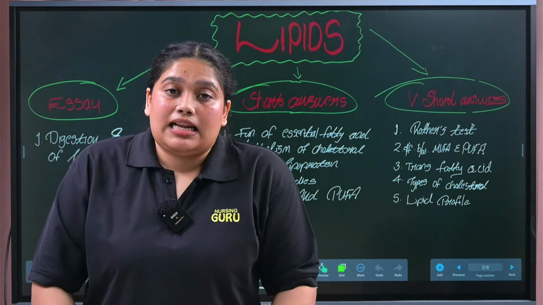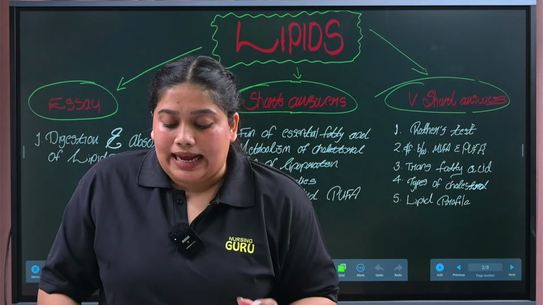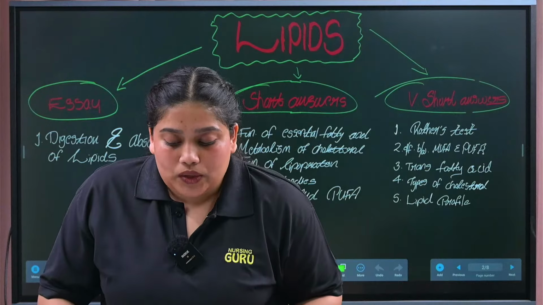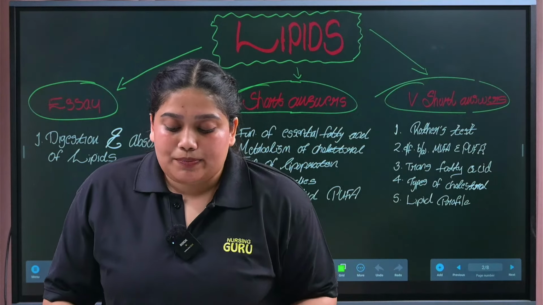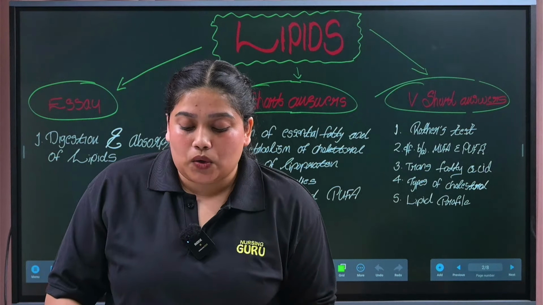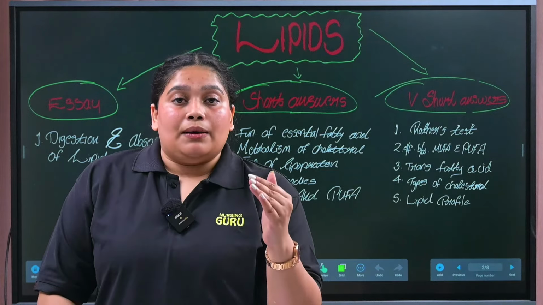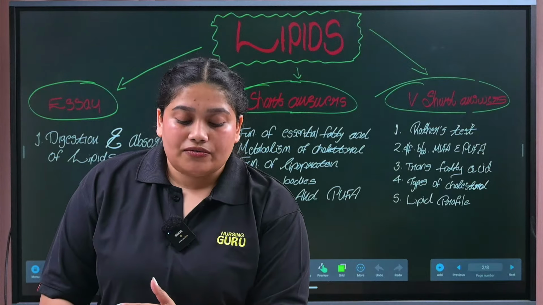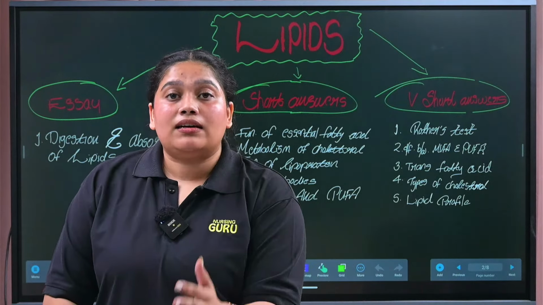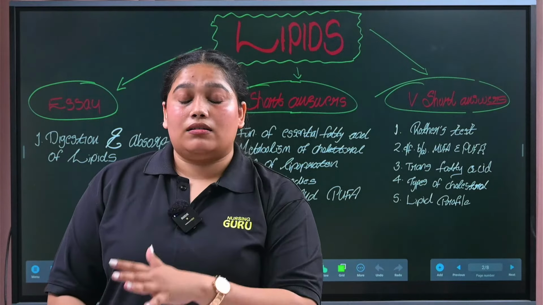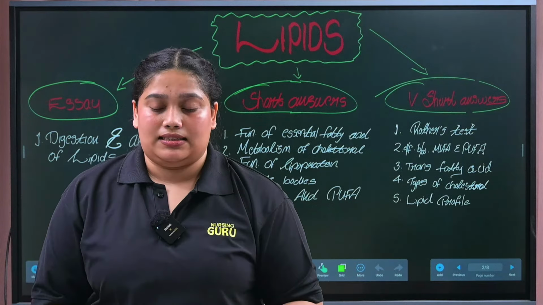Mainly we have 5 classes: chylomicrons, very low density lipoprotein, intermediate density lipoprotein, low density lipoprotein and high density lipoprotein. So mention the 5 classifications of the lipoproteins and elaborate the 5. Then you will get the score. Clear? So those 5 you have to know by heart.